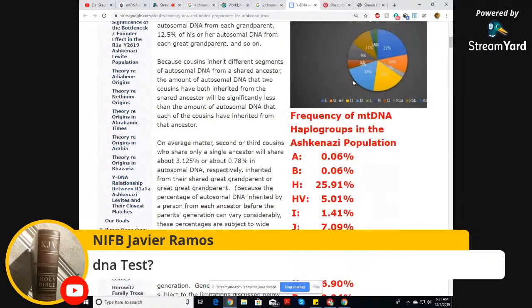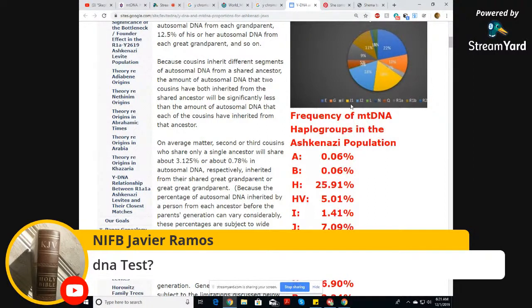And the takeaway is that, okay, the K, I'm not looking at the K, Y chromosome. The K was the mtDNA, which was Semitic. And the K here would probably be Semitic too, but it's not represented here. It doesn't look like.